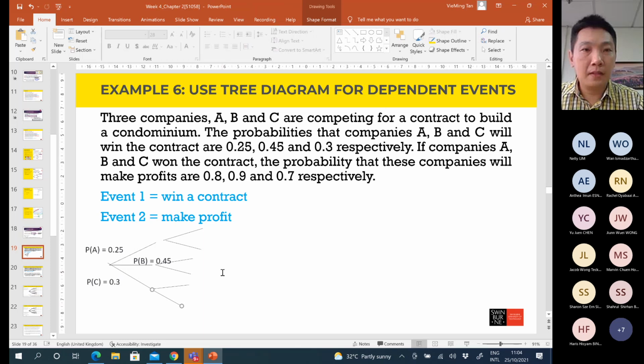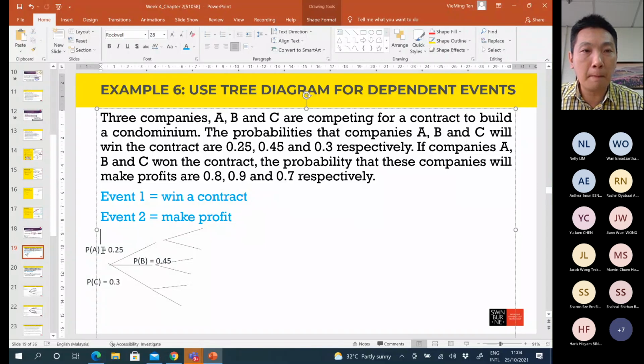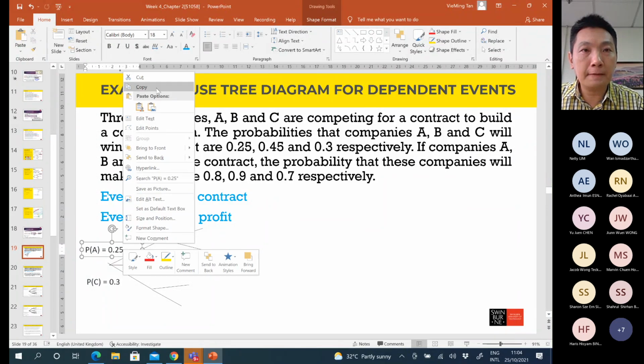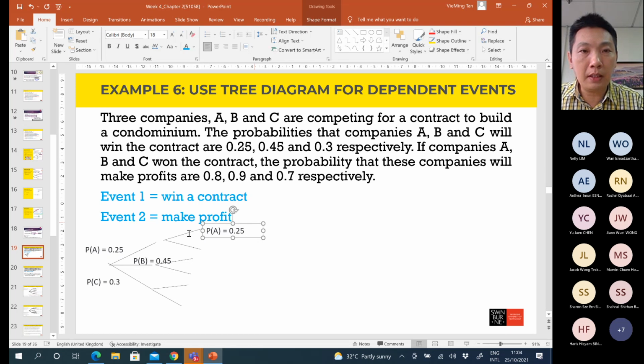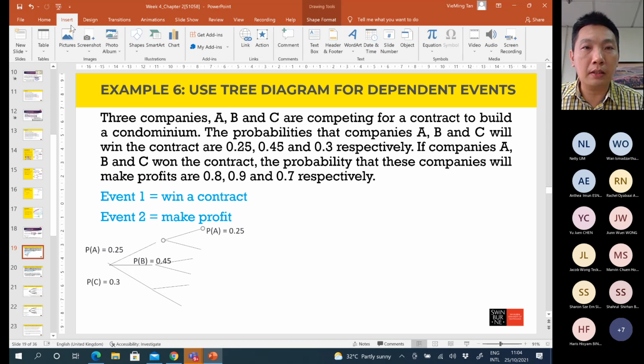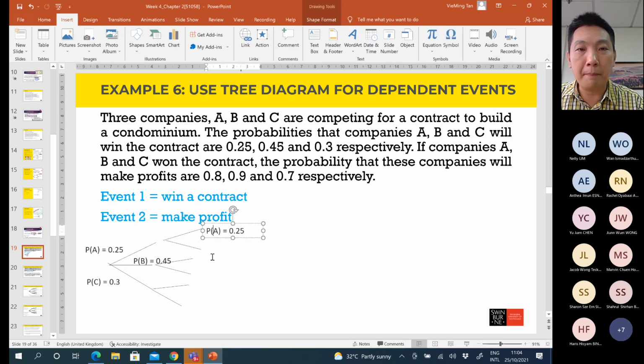So what is the meaning of this branch? What is the symbol we can use to represent this branch? I copy this. Maybe I can use another color. This branch is based on A, so A has to be put at the back, because A happened first.